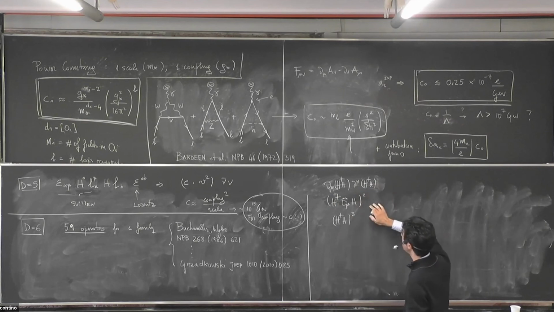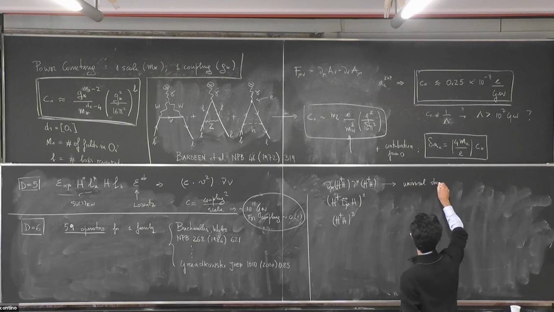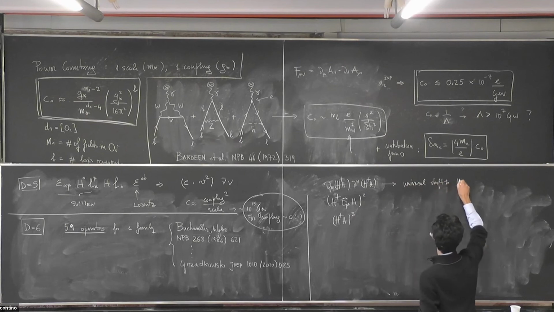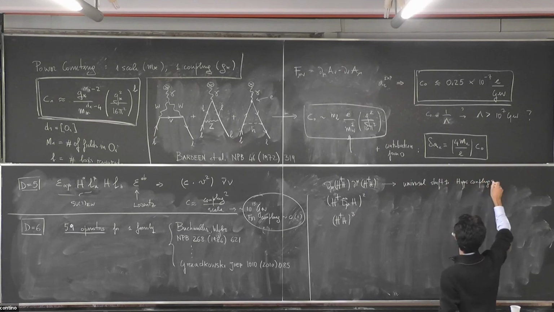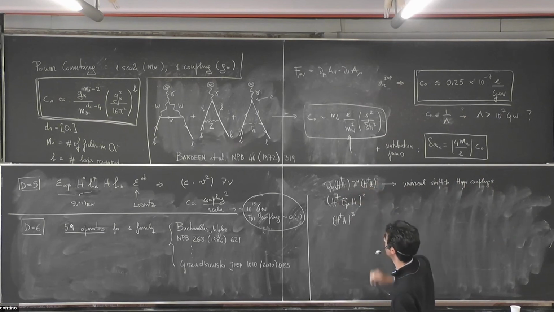And in fact, you can see that this gives universal shifts to the Higgs couplings. Because if you set the two Higgses to their VEVs, then you get a correction to the kinetic term, and once you normalize the kinetic term canonically, you get shifts in all the couplings of the Higgs.